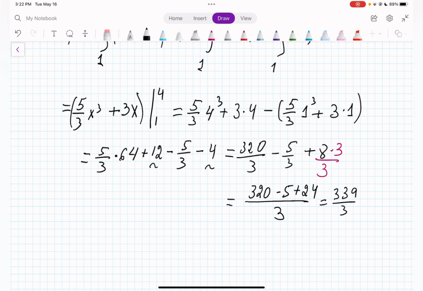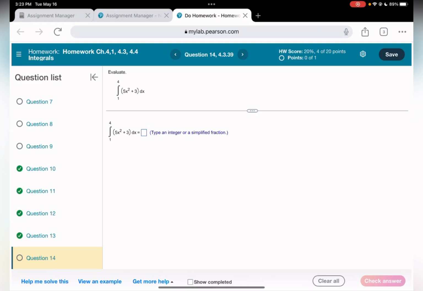Well, first of all, here we can clearly see, but if we couldn't see, you just take and add the digits. Let's say 339. 3 plus 3 plus 9. 6 plus 9 is 15. 15 is divisible by 3, that means the whole number is divisible by 3. Okay? If the sum of these digits is divisible by 3, that means this number is divisible by 3. But in this case, we don't even need to add, because 339 is clearly divisible by 3. And we are getting 113. So let's plug in the answer and see what we get.